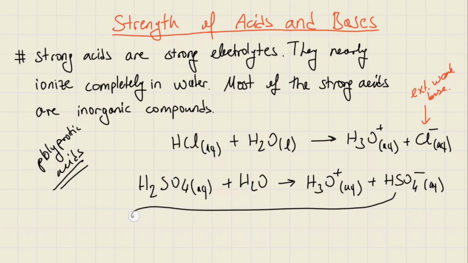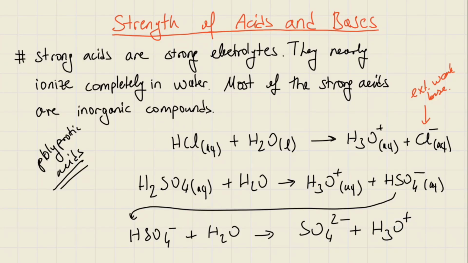This is also an acid and it ionizes again in water and creates the SO4 2- ion in the water. So these are in aqueous phases, and water here is liquid.